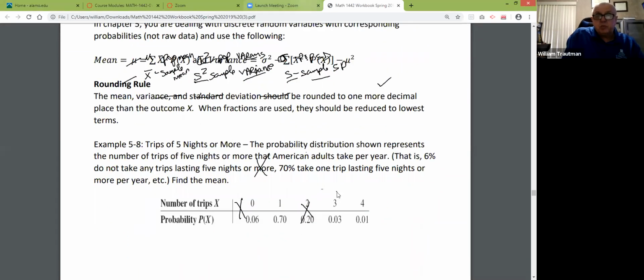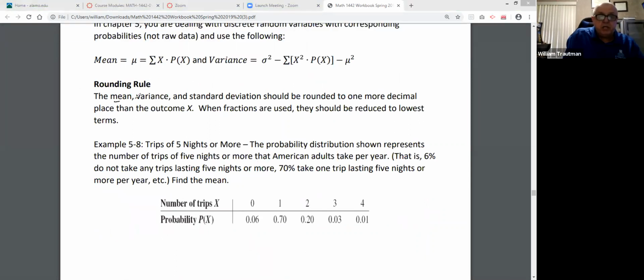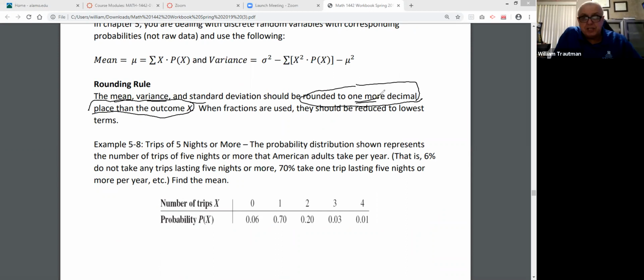Important, same as what we've done before with the mean, our rounding rule. For the mean, variance, and standard deviation, the rounding rule is to round to one more decimal place than the outcome X, than our data. So we always want one more decimal place than our data.